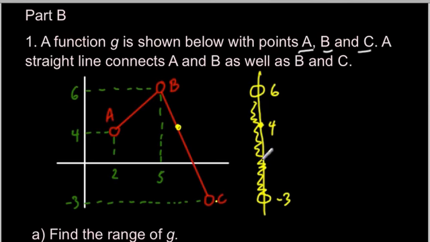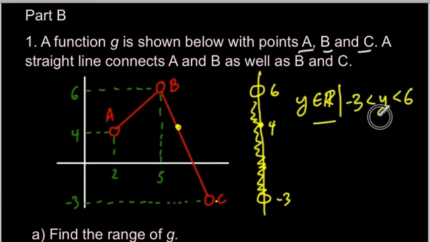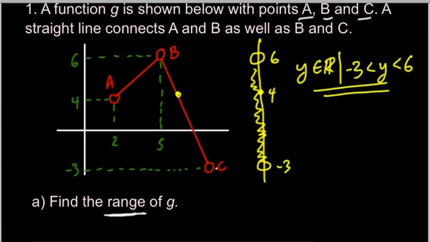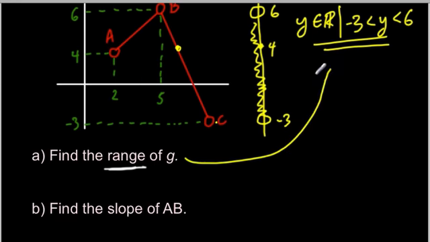I'm actually just going to write the range over here. So it's y is an element of the reals, and the condition is it's from -3, it does not include -3, all the way to 6, and this is our solution for the range.